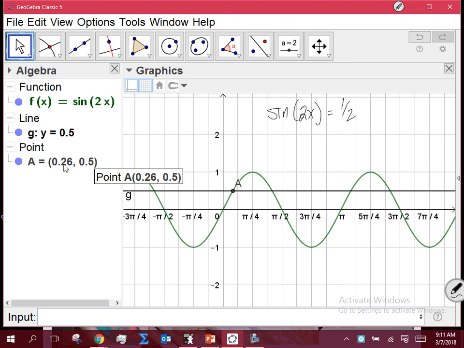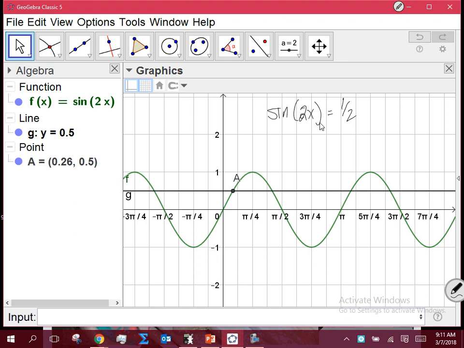Okay. So this A value, the x coordinate of that A value, 0.26, if I put sine of 0.26 in here, it should spit back 1/2. Does that make sense? Okay. So I want you to be able to solve some equations eventually, but understand that when I solve those using algebra, I can also have a graphical approach.